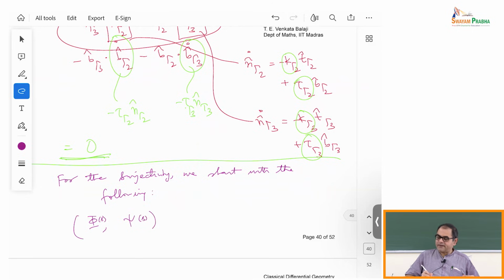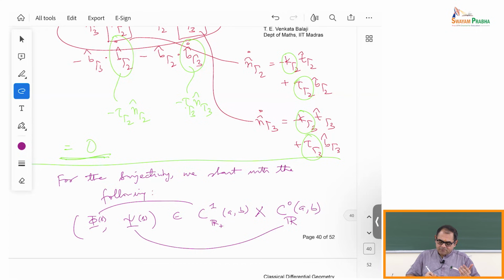You are starting with a pair. This phi of s is a positive function, C1 on [a,b], mapping into R plus. That means it's a positive, continuously differentiable function. That should be the curvature function. And the second function is going to be the torsion, which is just continuous and real valued, unsigned. So I start with the capital phi and a capital psi.